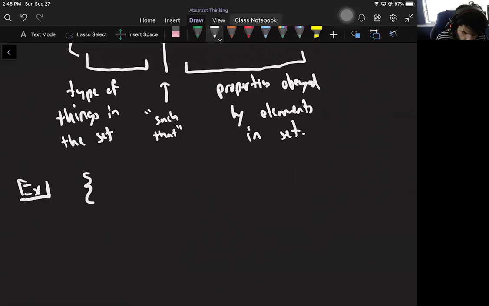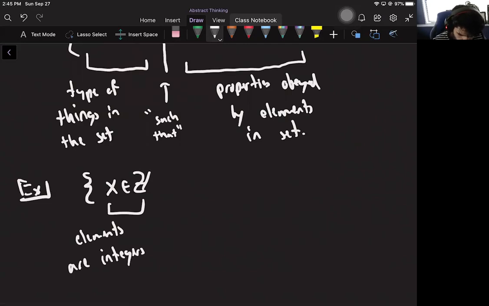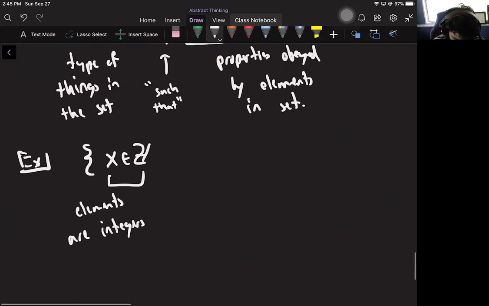So I could write something like this. X, so what type of thing will X be? It will be an integer. So what I'm saying is the things in this set are first and foremost integers. But I'm not just going to leave it at that because then I would just be saying the integers again. So what kinds of integers? I don't want all the integers.